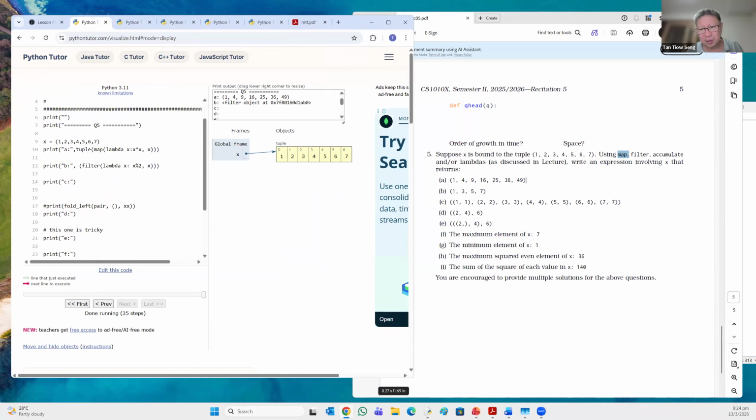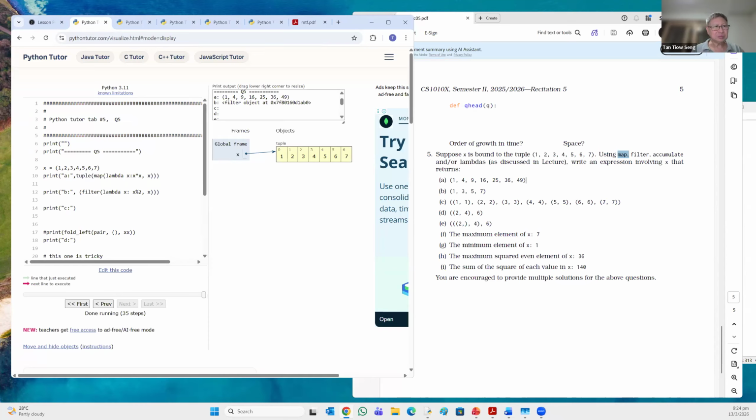Okay, what about C? C is this. This looks like a pair. One pairs with one, two pairs with two, three pairs with three, and the whole thing is again a tuple. So we need to use pair. Oh, the pair, you don't need it.